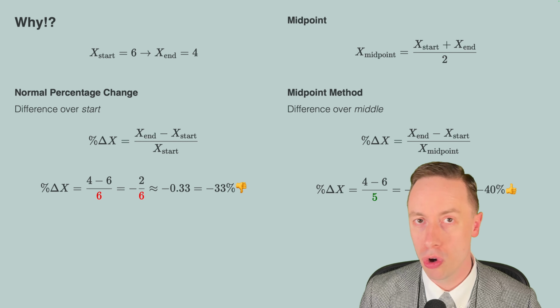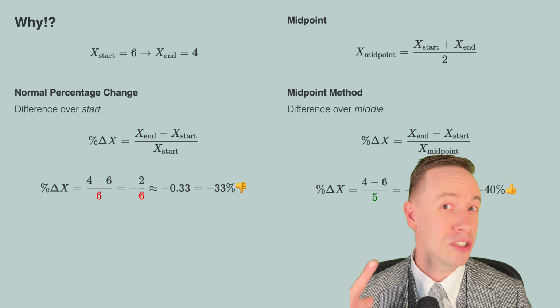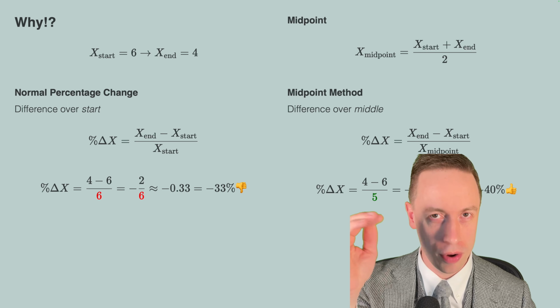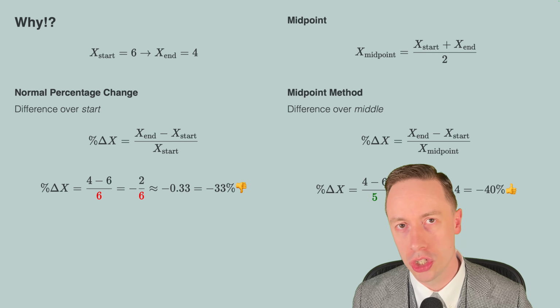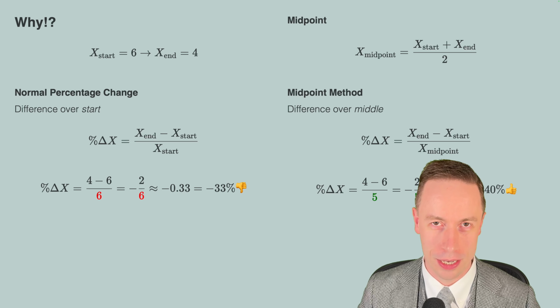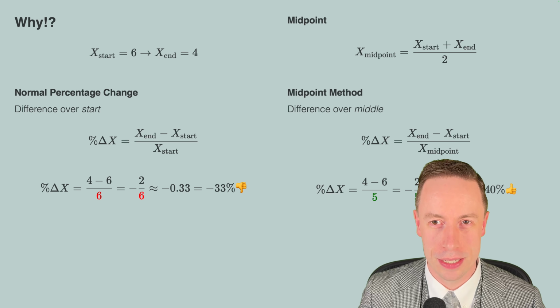Difference over middle instead of difference over start. But when calculating an elasticity, we have to do that twice because we're looking at the percentage change in one variable divided by the percentage change in another. So let's go ahead and just practice this a whole number of times during our lesson here.